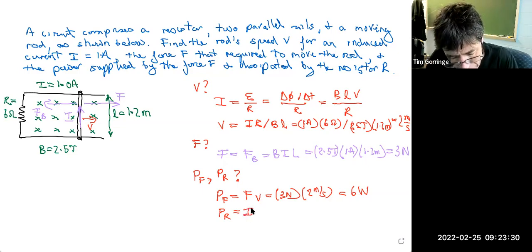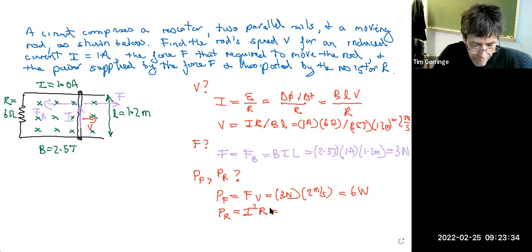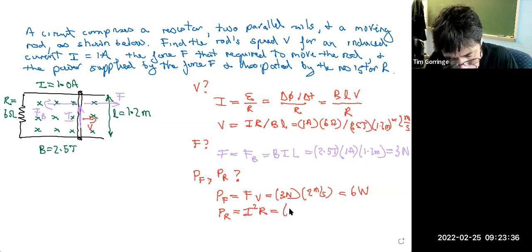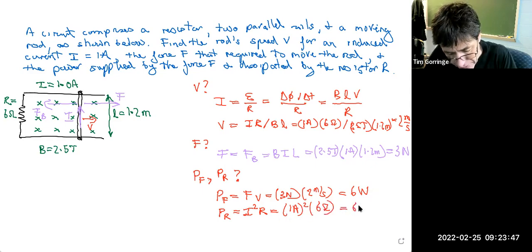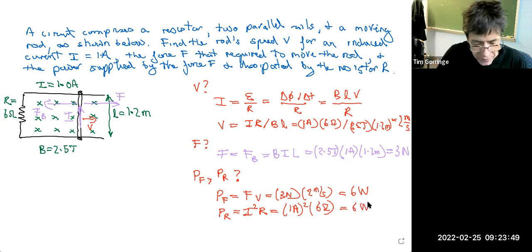And that's the handy one here. We're going to write it as I squared R. The current was 1 amp, the resistance was 6 ohms, and if we multiply this out, we get 6 watts of power dissipated.